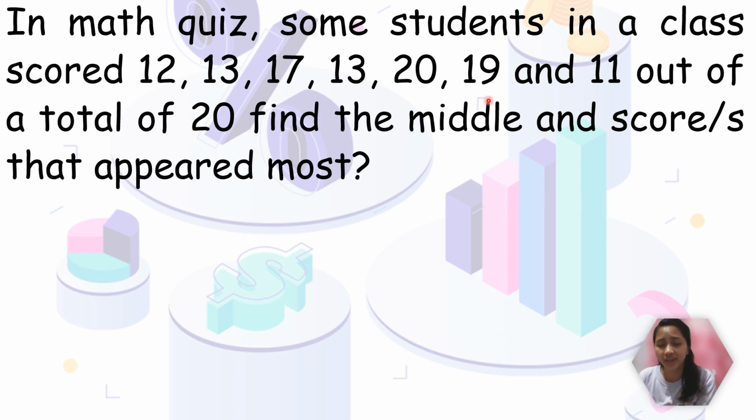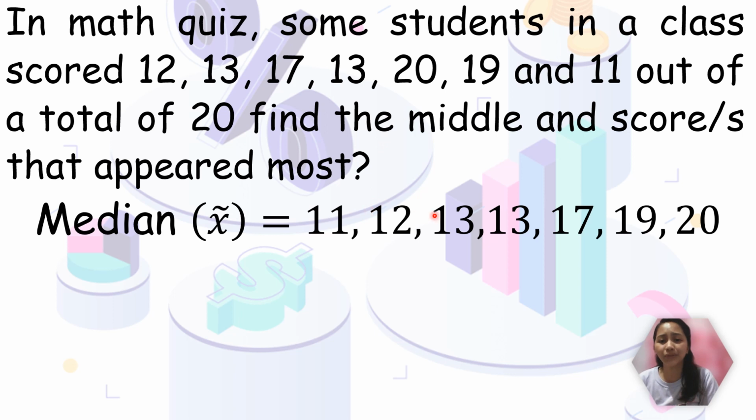But if it's even, after dividing it by 2, we will also take the next number. So the 2 middle numbers will be added and then divided by 2. But in this case, since our given set of data is 7, 7 divided by 2 will give us 3.5. Rounding up, that is the fourth score. So we have 1, 2, 3, 4. So that is our median.